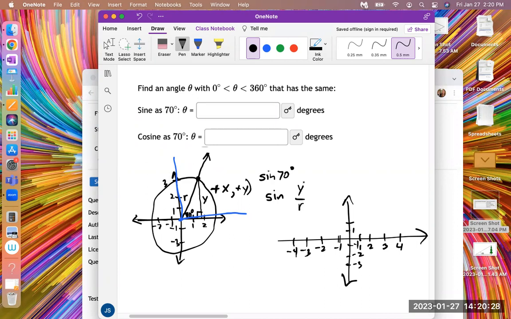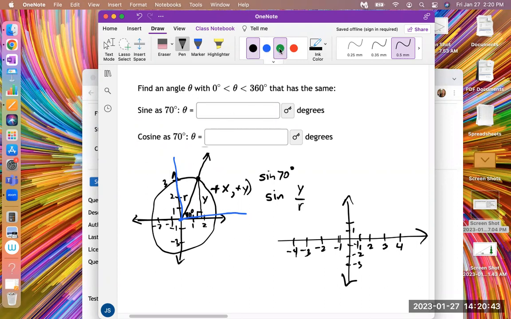So I need to think about another quadrant where I can draw this same 70-degree triangle and the sine, the y coordinate, would be positive.